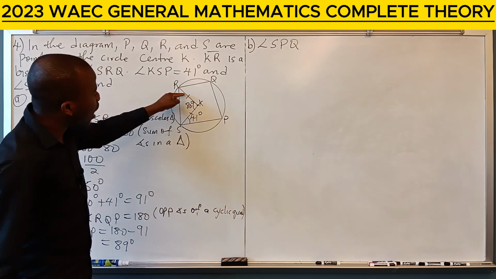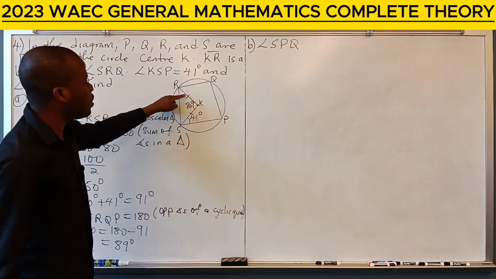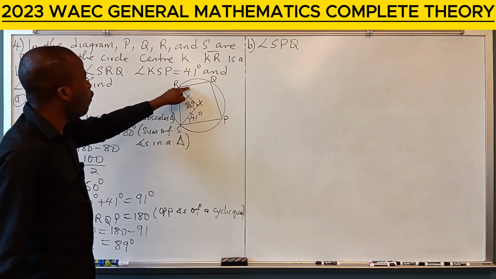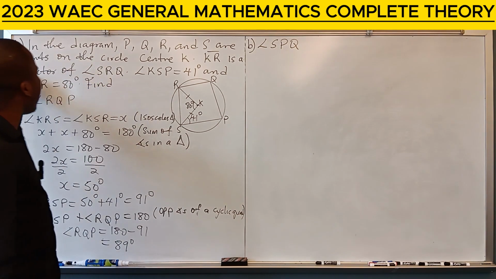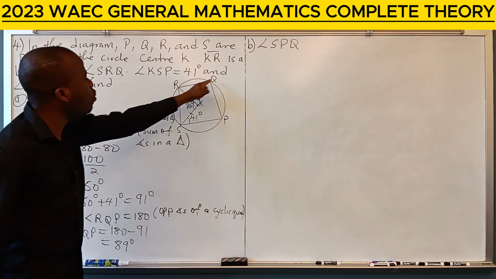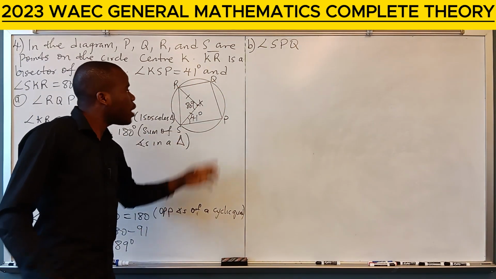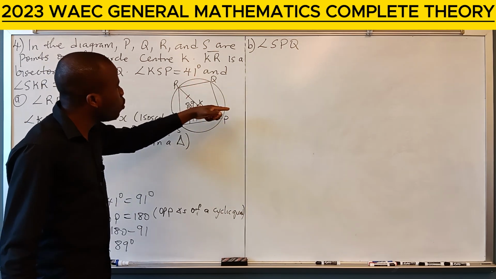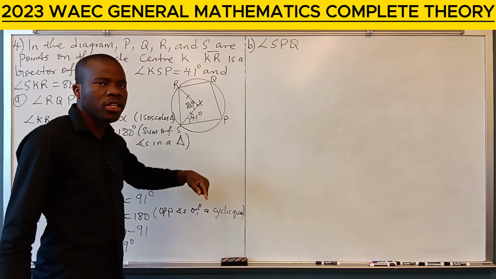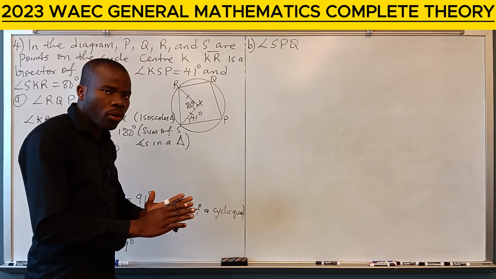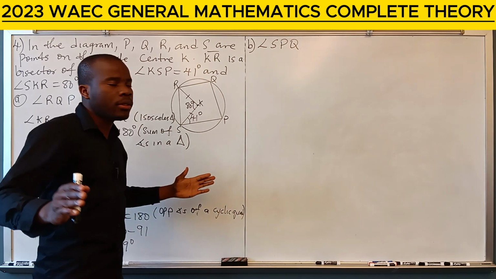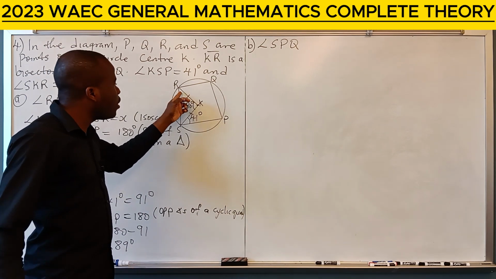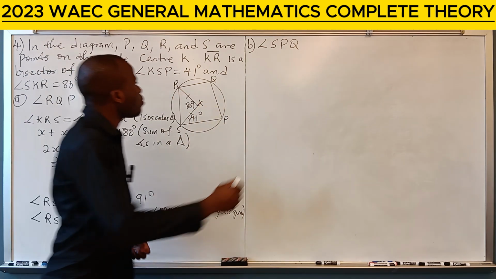We know that angle SRK is 50 degrees. From the fact that line KR is a bisector of angle SRQ, it means angle KRQ is also 50 degrees, because a bisector divides an angle into two equal parts. So if here is 50 degrees, here is also 50 degrees.